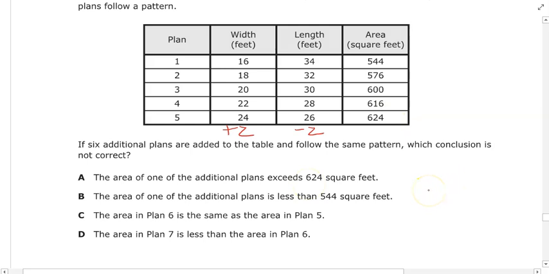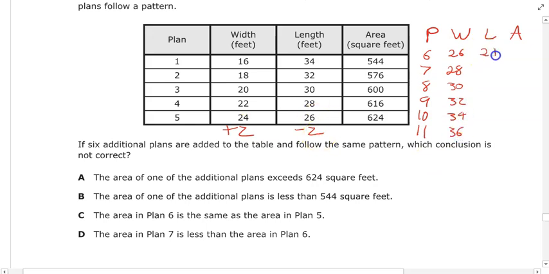Okay, so this one's an interesting one. Let's go ahead and get a table just to be extra sure. So I'm going to label these as the plan, the width, the length, and the area here. The area is just length times width. 26 times 24 is actually already given to us.